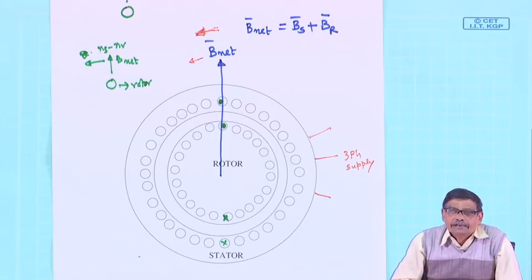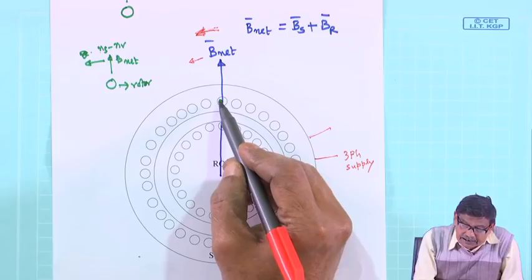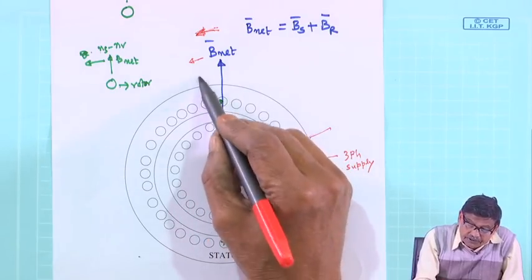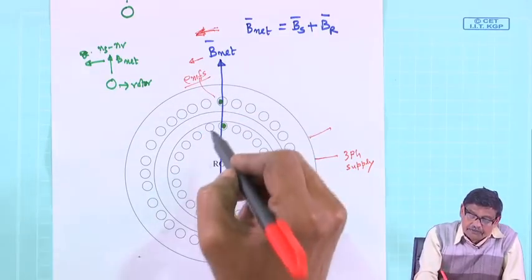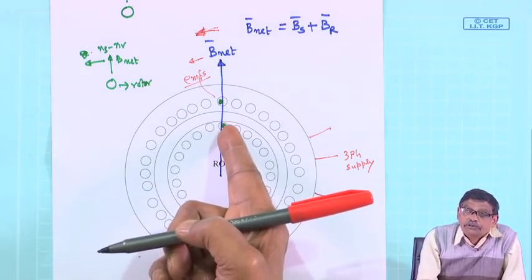That is very interesting. Although these dots indicate EMFs, the peak value of EMF occurred there, no doubt, but the current is not going to be maximum here.